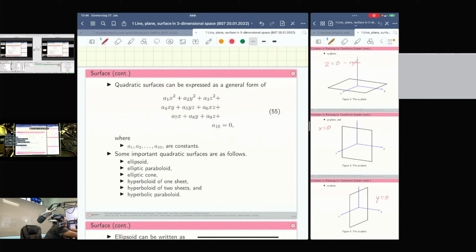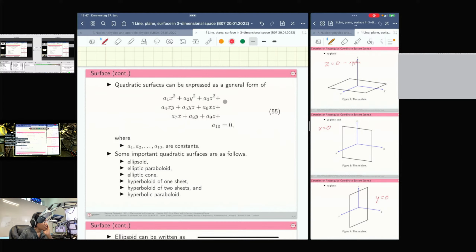These are the second order polynomial terms. X squared, y squared, z squared, and also x y, y z, and x z. And here are the first order terms that have only x, y, or z.